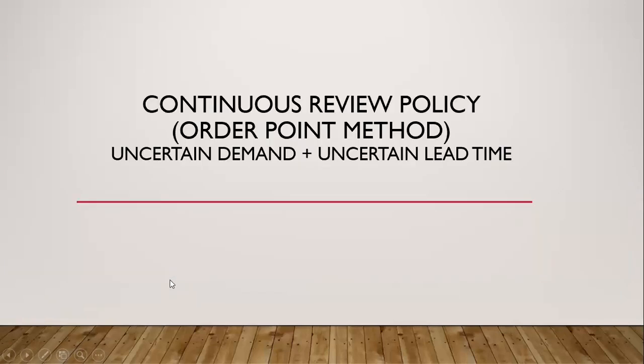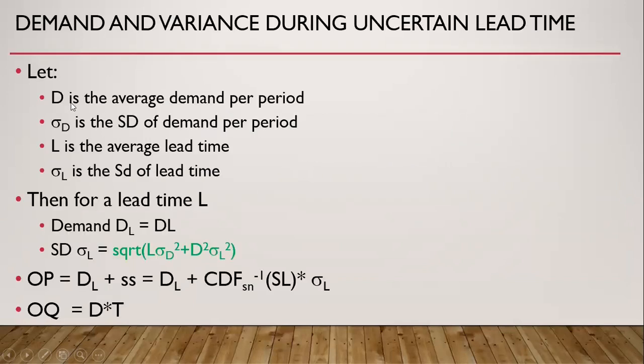So this is the next scenario of continuous review policy or order point method, when both the demand as well as the lead time are uncertain. So they both have mean and standard deviation. So let us say that D is the average demand per period and sigma_D is the standard deviation of demand per period. L is the average lead time and sigma_L is the standard deviation of lead time.